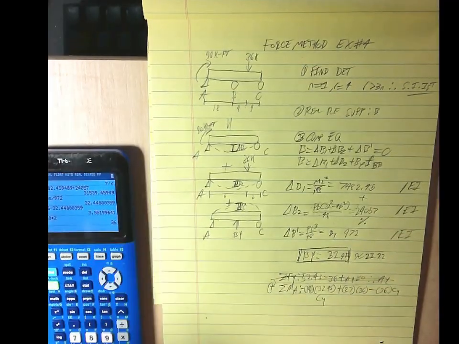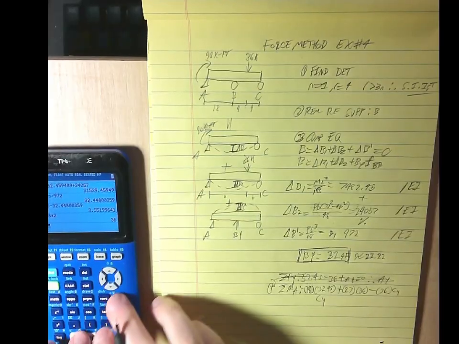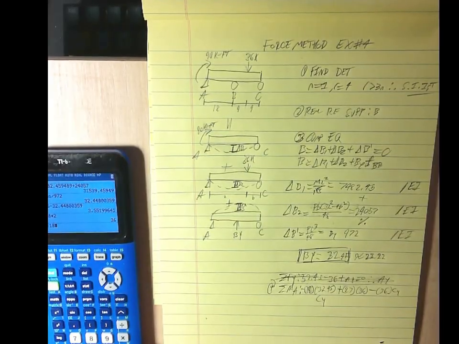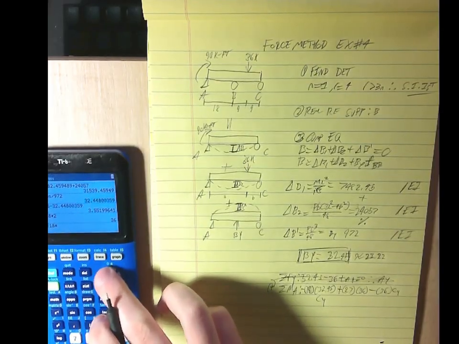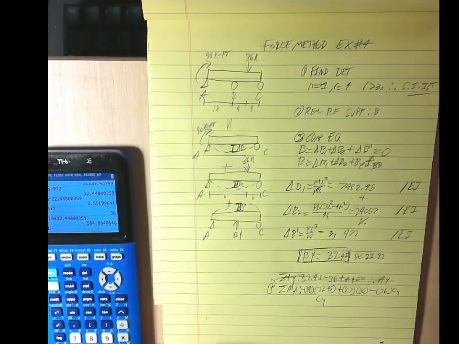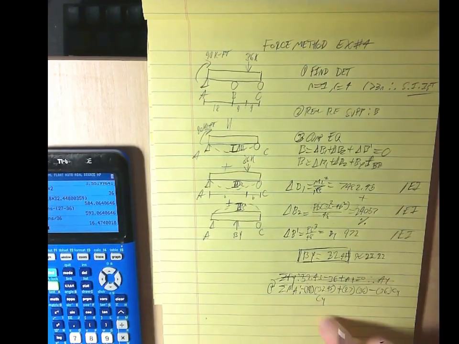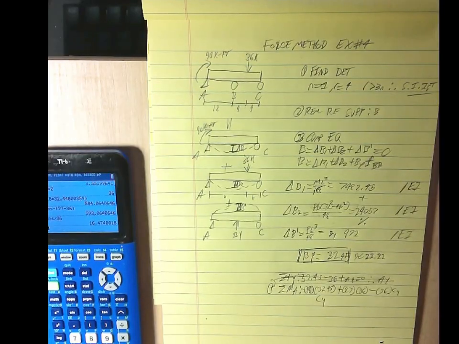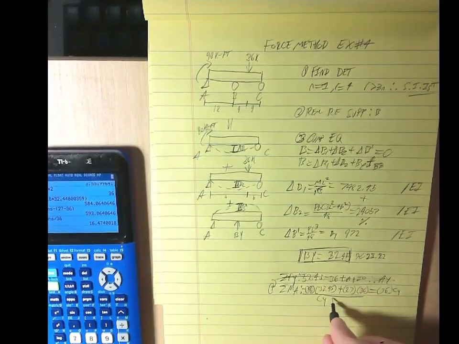C_Y then is going to be equal to 18 times our 32.45 minus 27 times 36 divided by 36. Ooh, something's a little bit wrong, just a little bit off here. So these are going to equal this divided by 36.